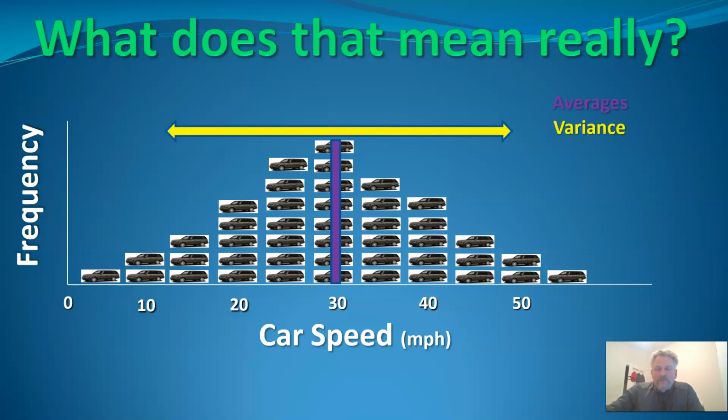But obviously, not everyone that we can see here is scoring the same. Some drive slower, some drive faster. And so the variance gives us an indication of how much variation there is in speed. Again, if we take the standard deviation, the square root of the variance, then that would mean, on average, by how much people are going above or below the average.